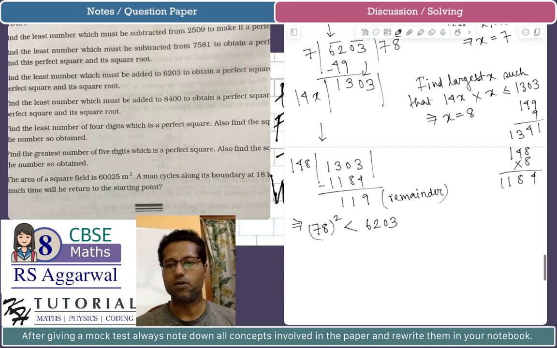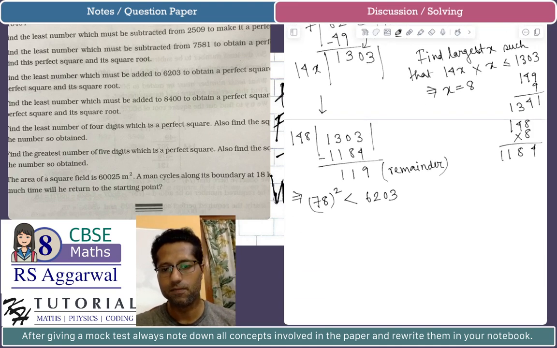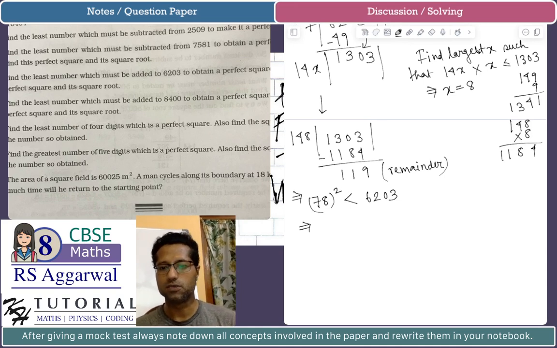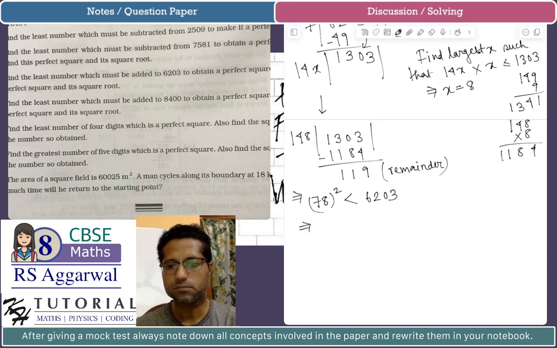Now what least number must we add to 6203 to make it a perfect square? So obviously it is clear that the next perfect square number has to be 79 whole square.